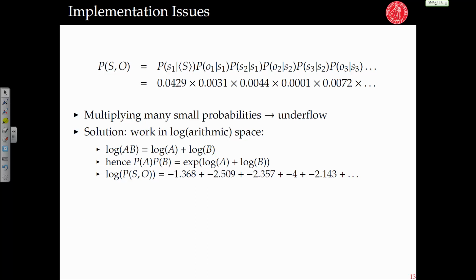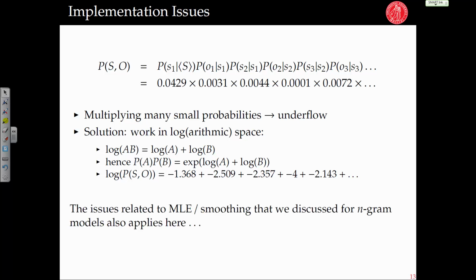This is just a comment aside. And the same problems that we have seen in relation to sparsity, you will see them here again. Sometimes you will have 0 probabilities and you'll need to do smoothing, but here smoothing would be done on the transition probabilities and the emission probabilities. Since it's basically the same way of computation, you can apply smoothing in the same way here, add-one smoothing, for example.